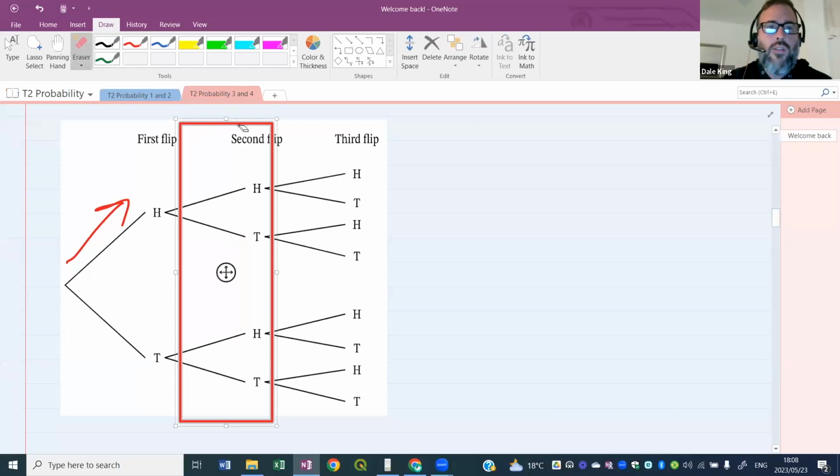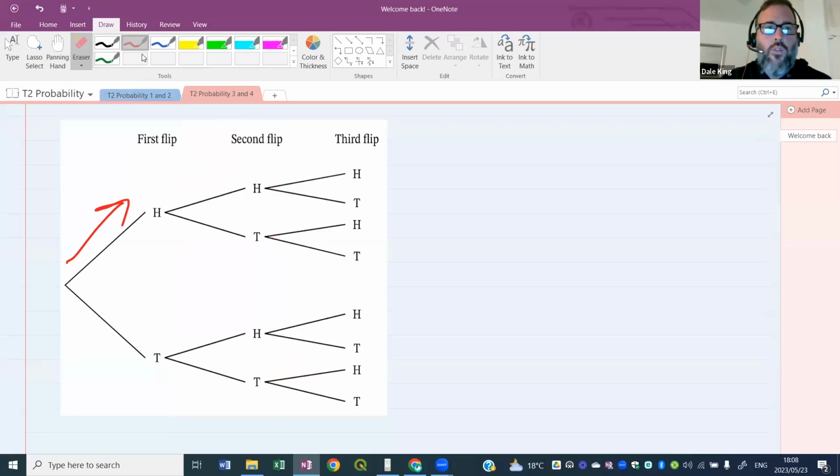When we flip the coin the second time, for when we have a heads for the first coin, we could also get a heads for the second coin. Or we could get tails, but there are 2 possibilities. So we could get heads for the first one and also heads for the second one. We could get tails for the second one as well. That's a possibility, but I'm following one of the branches here.